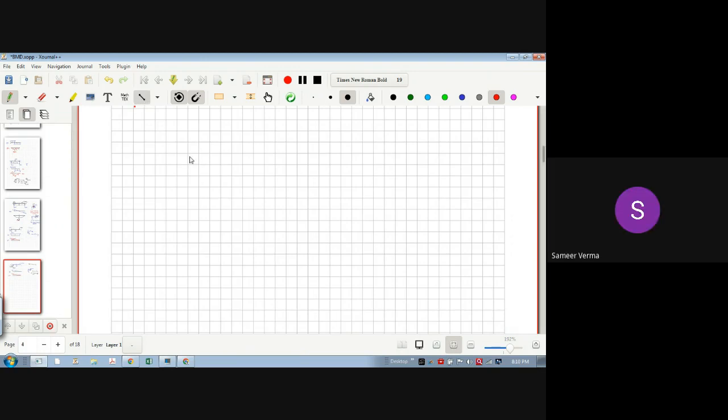Okay. So let's say homework for you. There are 2 point loads. This distance is 1 meter, this distance is 2 meters, and this distance is 1 meter. Point loads are 10 kilonewton, 10 kilonewton.